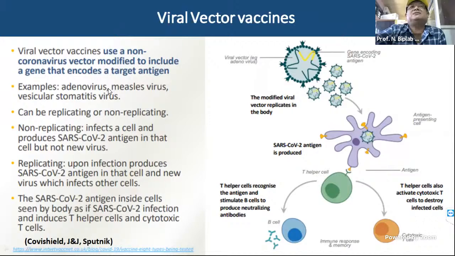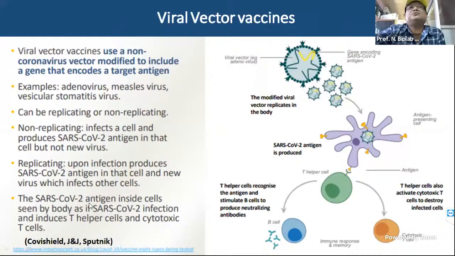Examples are adenovirus, the measles virus, or vesicular stomatitis virus, and they can be replicating or non-replicating. The non-replicating vector infects a cell and produces SARS-CoV-2 antigen in the cell, but not new virus. Replicating means that upon infection it produces SARS-CoV-2 antigen in the cell and new viruses which infect other cells.